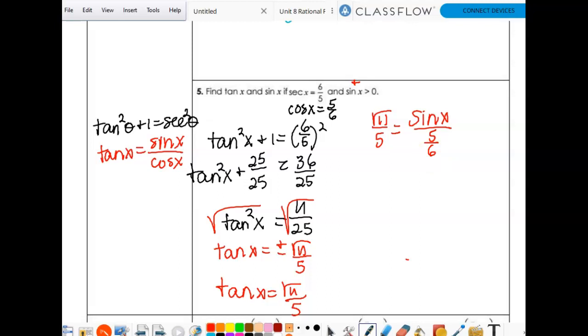So now, can I just multiply and get the sine? So sine of x equals the square root of 11/5 times 5/6. And what happens to my 5s? They cancel. And my sine is the square root of 11 over 6. Is that positive? And it had to be positive, so we're all good.